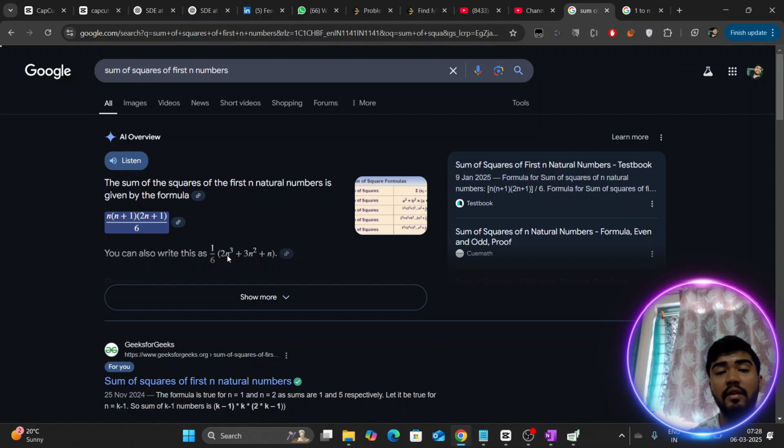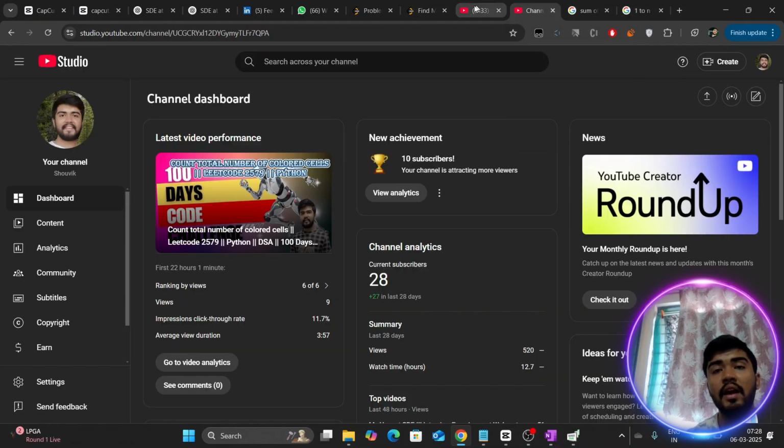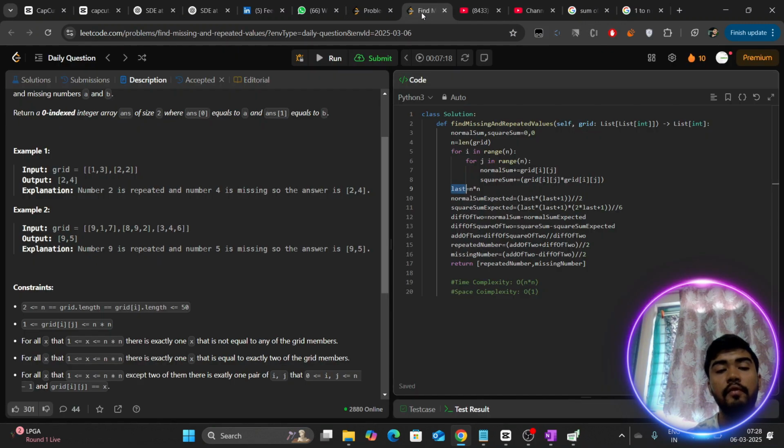But if you are using something like a long data type, then in that case we should be good. So if you are coding it in other languages like Java or C++, make sure that you are initializing the square sum as a long.